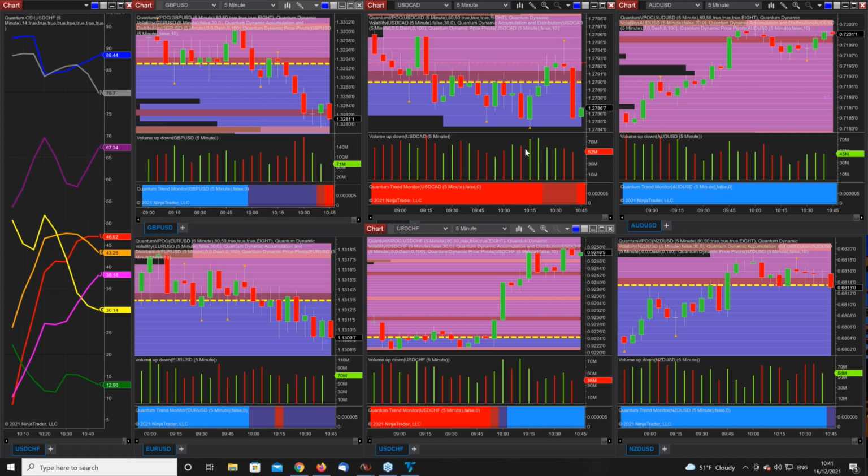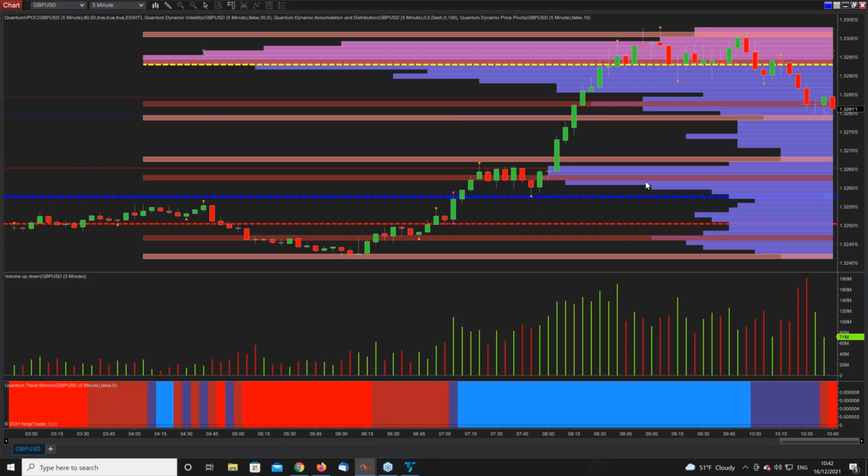So basically, I've got cable, dollar CAD, Aussie dollar at the top there, and at the bottom I have euro dollar on this one, dollar Swiss, and New Zealand dollar. I've got dollar yen on here. So it basically gives you a straight-through view of what is going on. It's a nice complex to have.